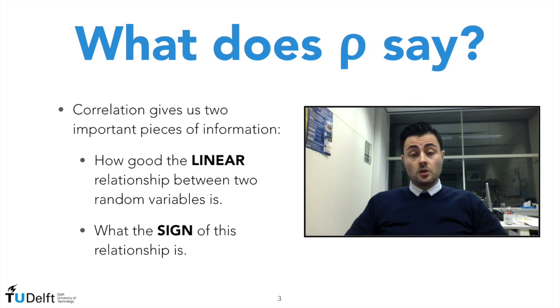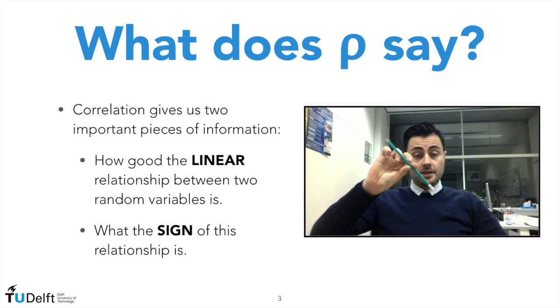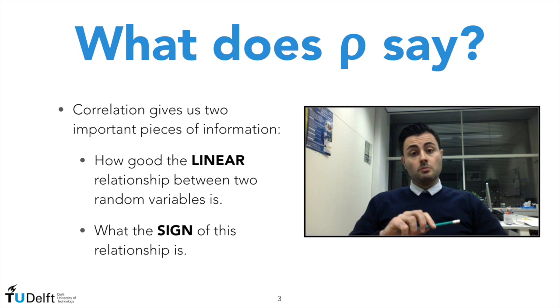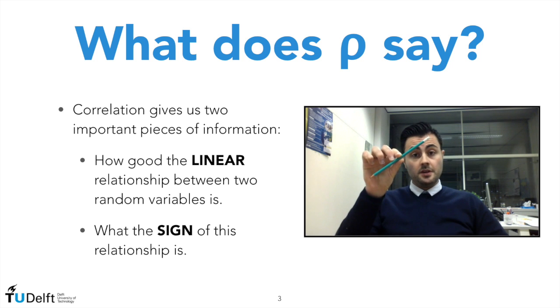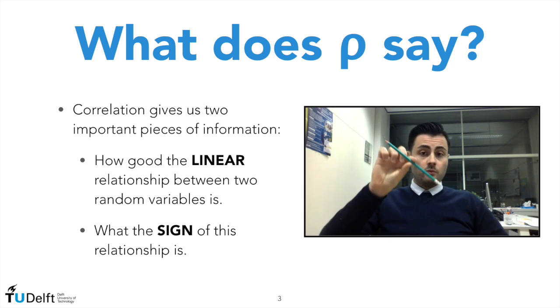Correlation is a measure of linear dependence, which gives us two very important pieces of information. The first one is the sign of this relationship. Is it positive or negative? So a correlation moving towards 1, a positive correlation, will indicate a positive linear relationship, a negative one, a negative linear relationship.